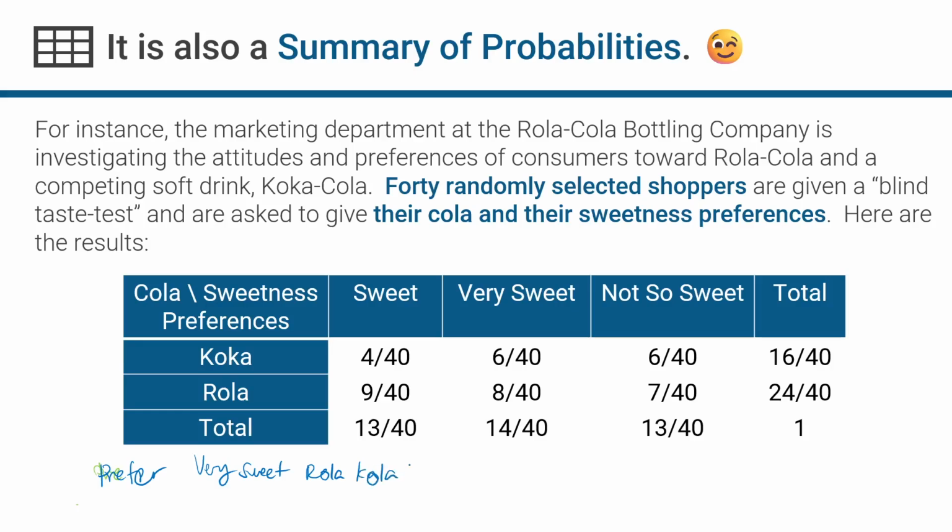So this one is the very sweet, and then Rola Cola, which is this one. So the intersection will be this. Therefore, the answer is 8 over 40.